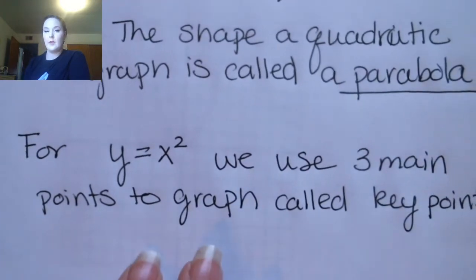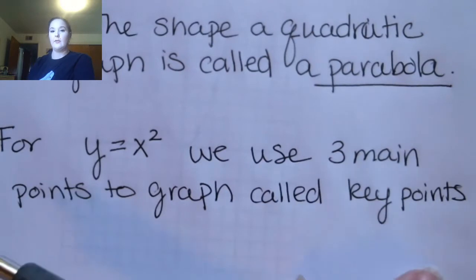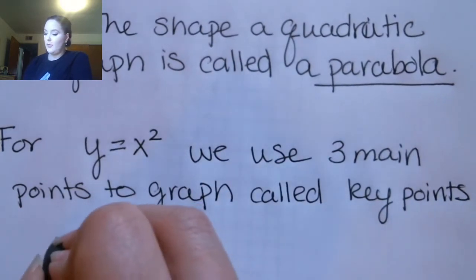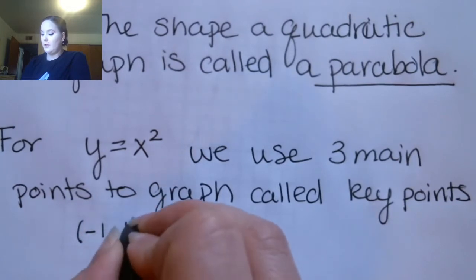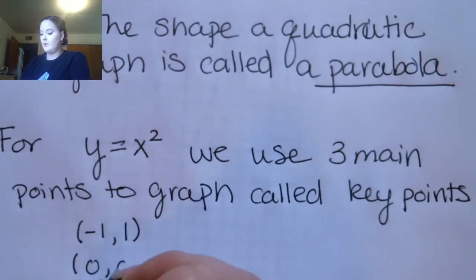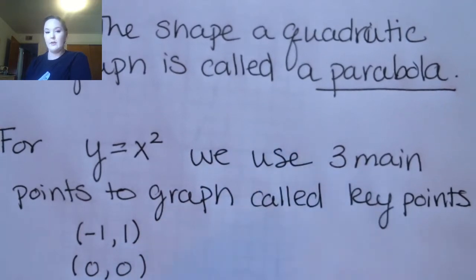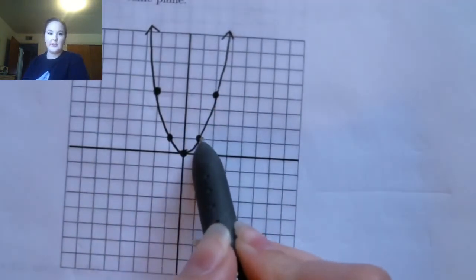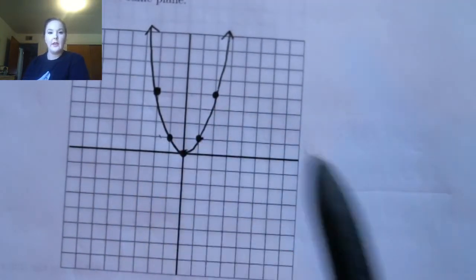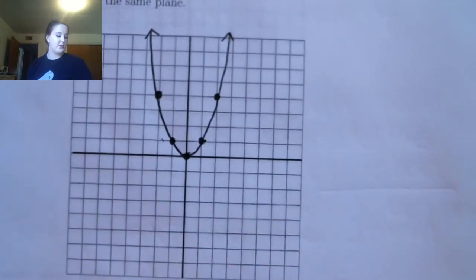When we're using our base graph to make our graph, we're going to use 3 key points. These are -1, 1, 0, 0, and +1, 1. You can see on our graph that's these 3 points here. When we draw the other graphs, we'll look at how those points change.